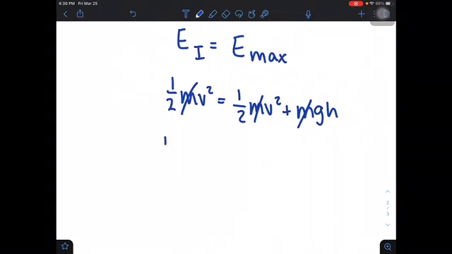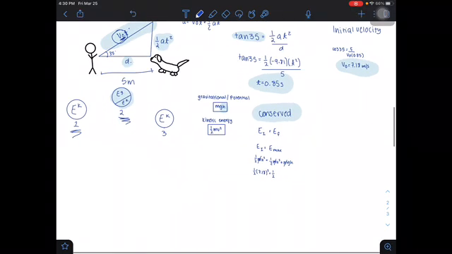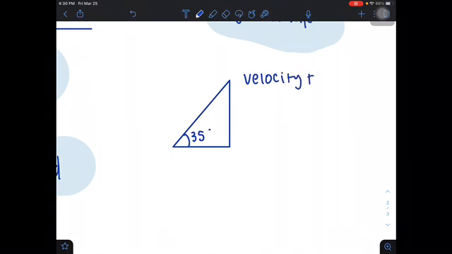Now we're going to plug in what we know. So 1/2, our initial velocity was 7.18 squared. And now you might say, but wait, what would the max velocity be? Well, now we're going to create a second triangle that's going to look the same as our first triangle with the same angle. And this is called a velocity triangle.